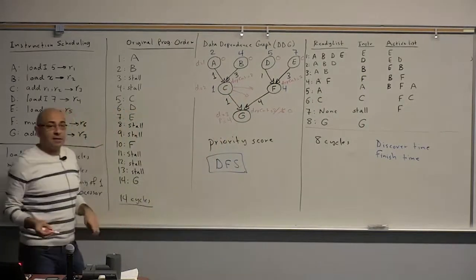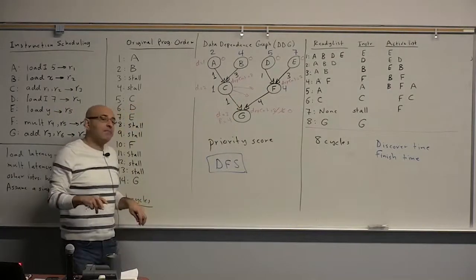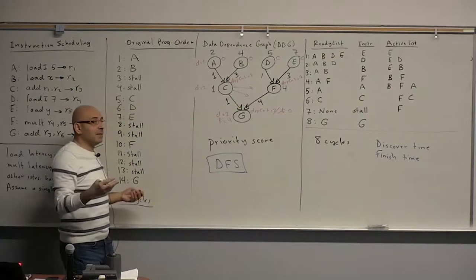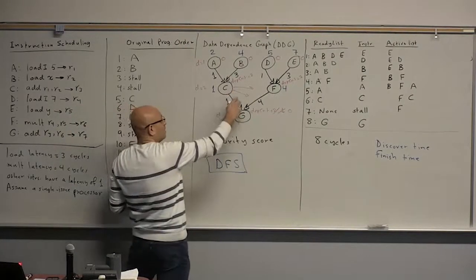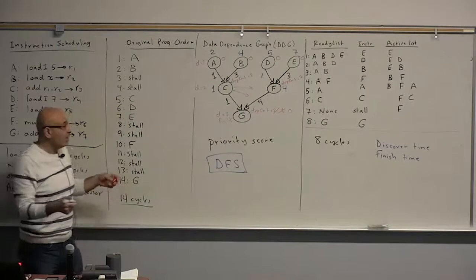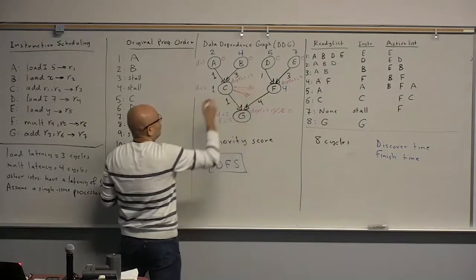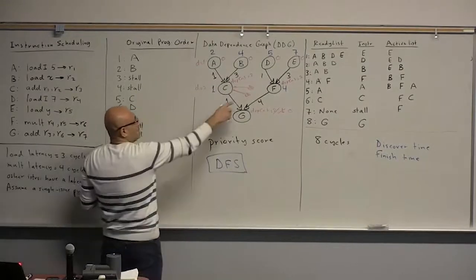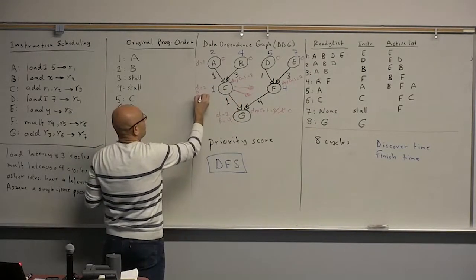If it does, we will have to explore them, and we finish C after exploring everything that is reachable from C. In this example, C has only one neighbor, but in general we have to explore everything below a node before we finish it. So because there is only one edge out of C, we finish it at time 5.